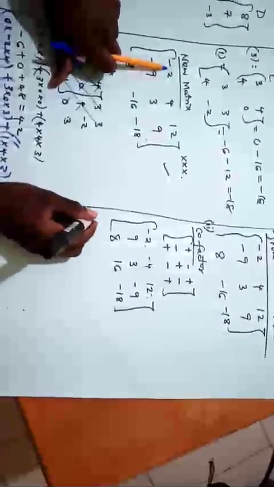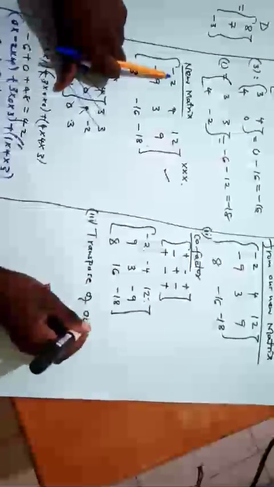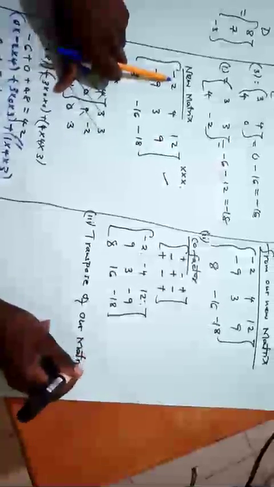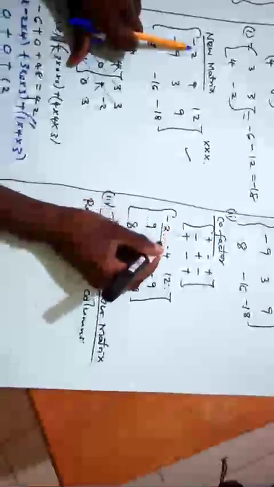Then our step number 3 is finding the transpose of our matrix. When we talk about the transpose, the rows become the columns. In this case, this is our row.